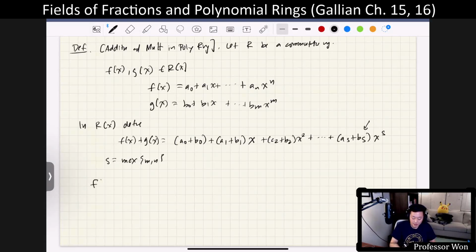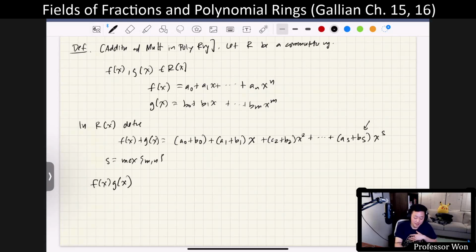Further, we also define f of x times g of x. This is the one that's slightly trickier, right? So how do we do it? Well, how do you get the constant term of f of x times g of x? You just take the constant term of f times the constant term of g. Okay. How do you get the degree 1 term? Well, you have to take a naught b1 plus a1 b naught, right?